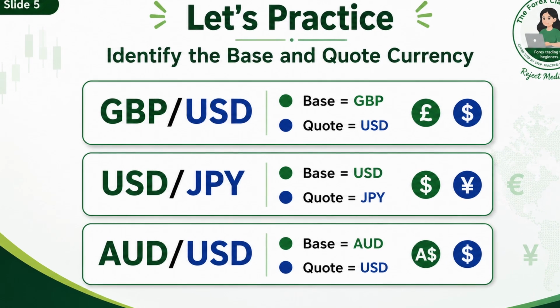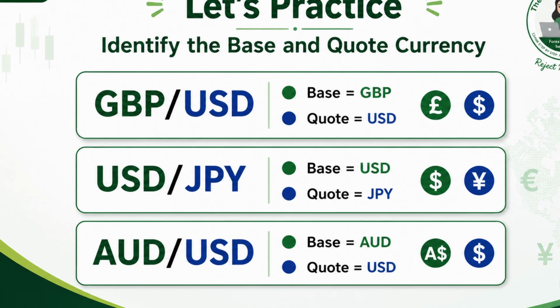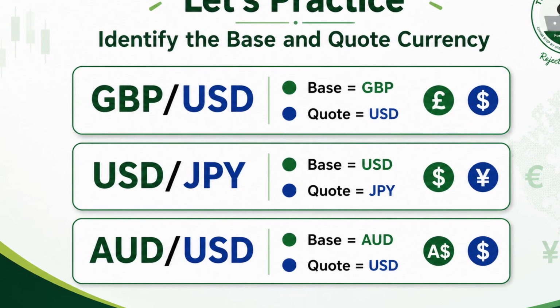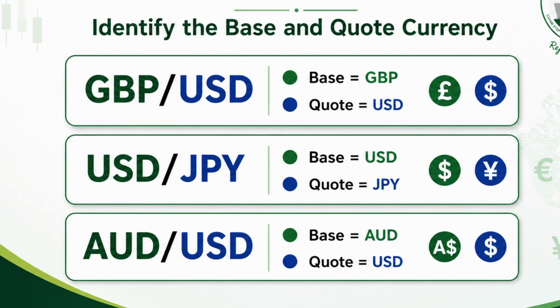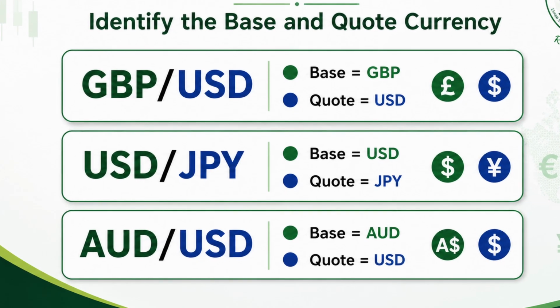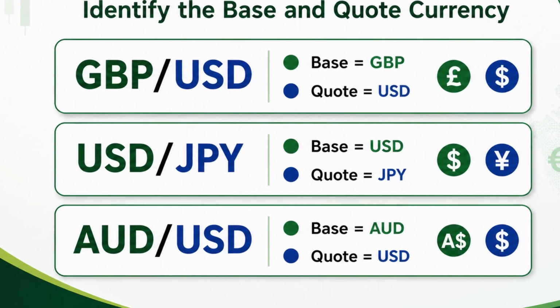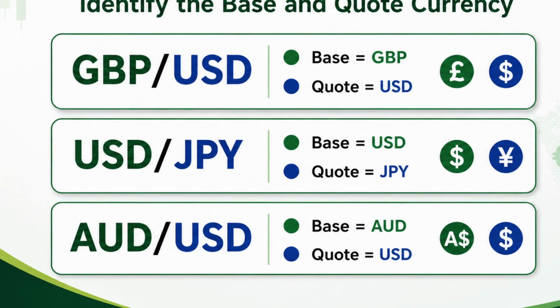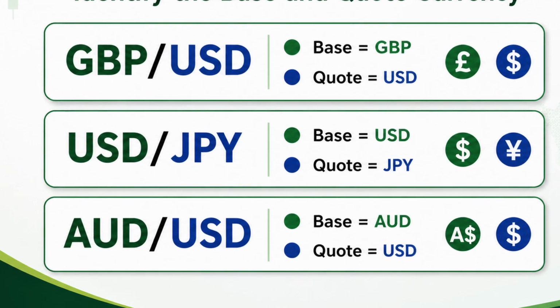First, we have GBP/USD. The British pound is the base currency because it appears first. The US dollar is the quote currency because it appears second. Next is USD/JPY. The US dollar is the base currency while the Japanese yen is the quote currency.